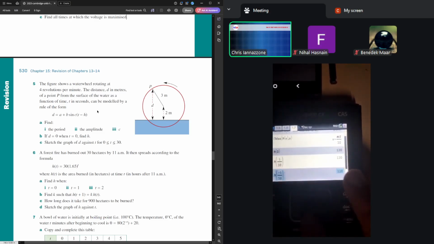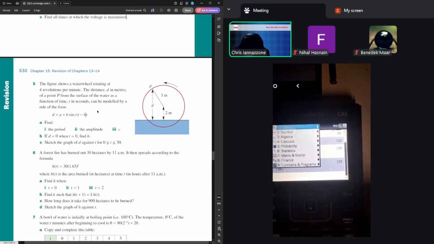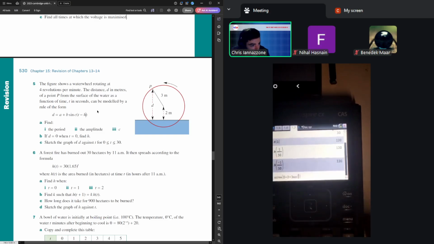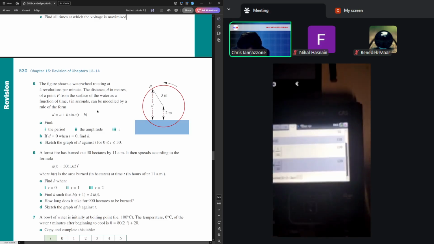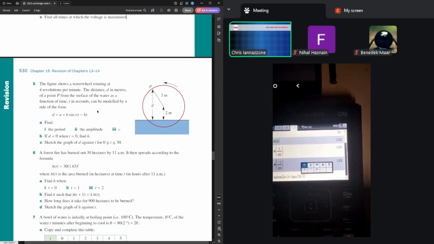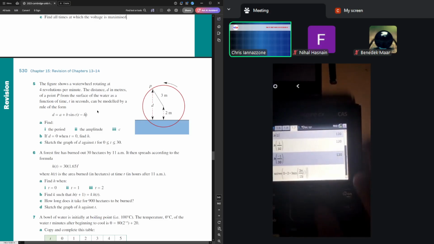So let's go ahead and do exactly that. 0 is equal to, so the A was 2 plus the B of 3 sine of 2 pi on 15 times 0 for our T minus H. Not H. Can't use that one again.